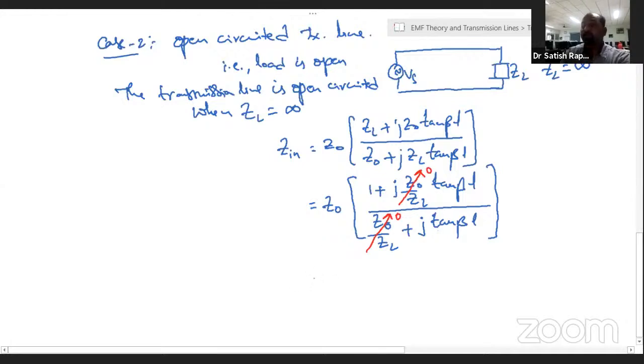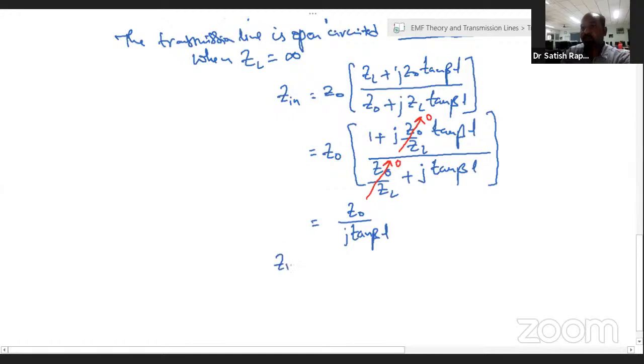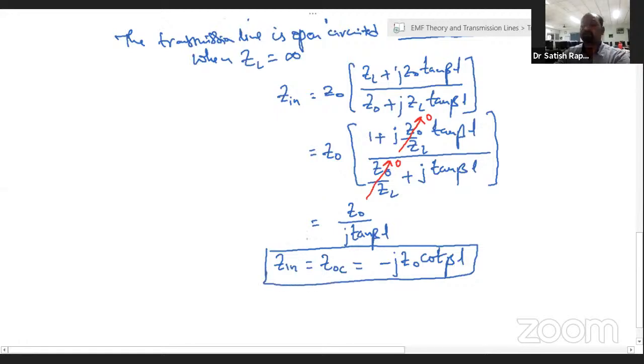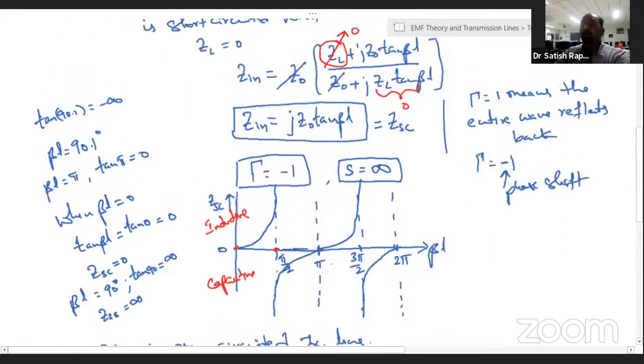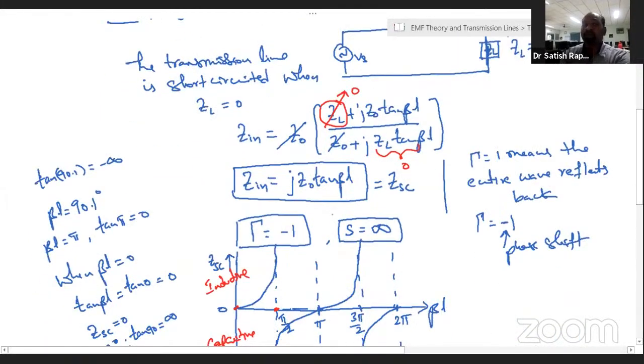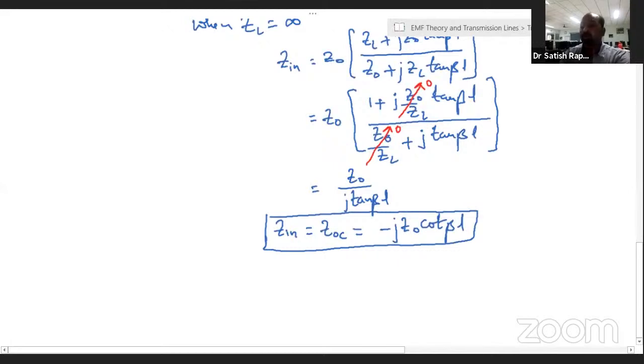So therefore, we have Z0 by j tan beta L. So this can be written as Zin, which is equal to ZOC, equal to minus j Z0 cot beta L. This is the input impedance of an open circuited transmission line, and Zin equal to j Z0 tan beta L is the input impedance of a short circuited transmission line.